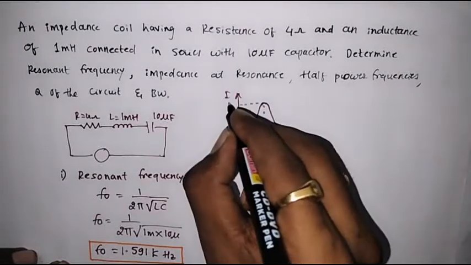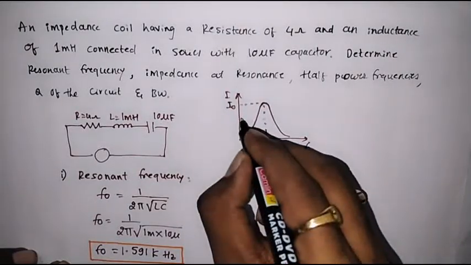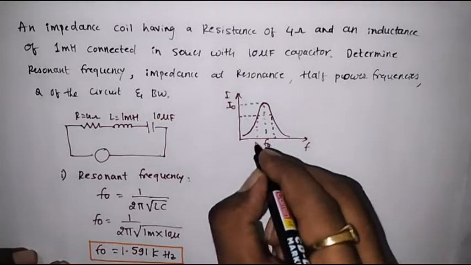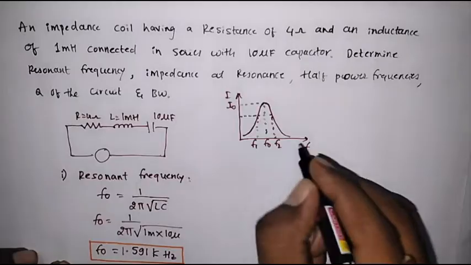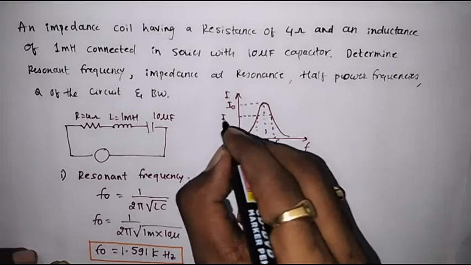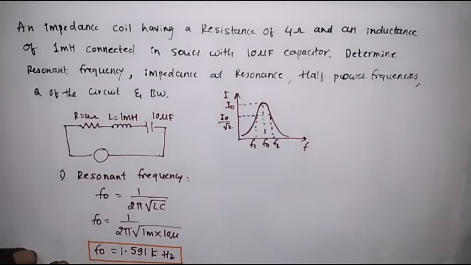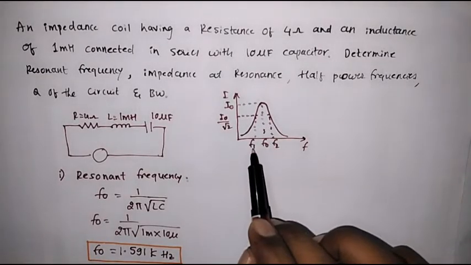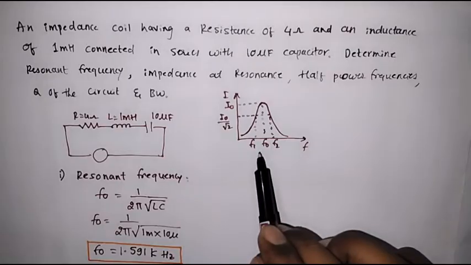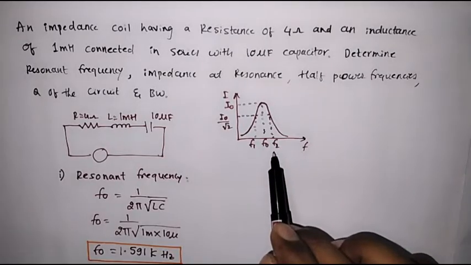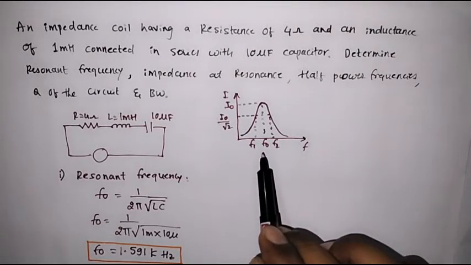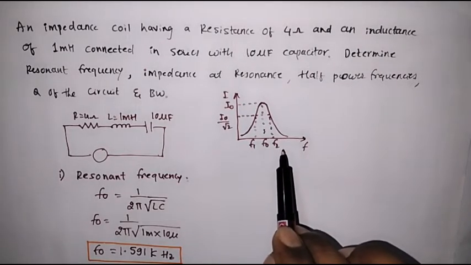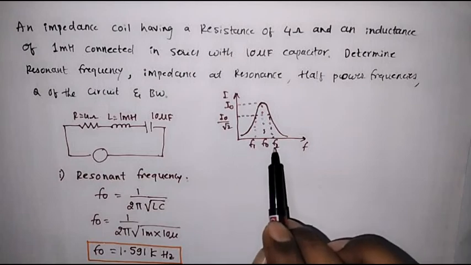At resonant frequency, current in the circuit is maximum, and we know that at some frequency, say F1 and F2, the current will be I0 by root 2. These two, F1 and F2, are known as half power frequencies, because in series RLC circuit, at half power frequencies, half of the power will be delivered to the load. Therefore these are called half power frequencies.